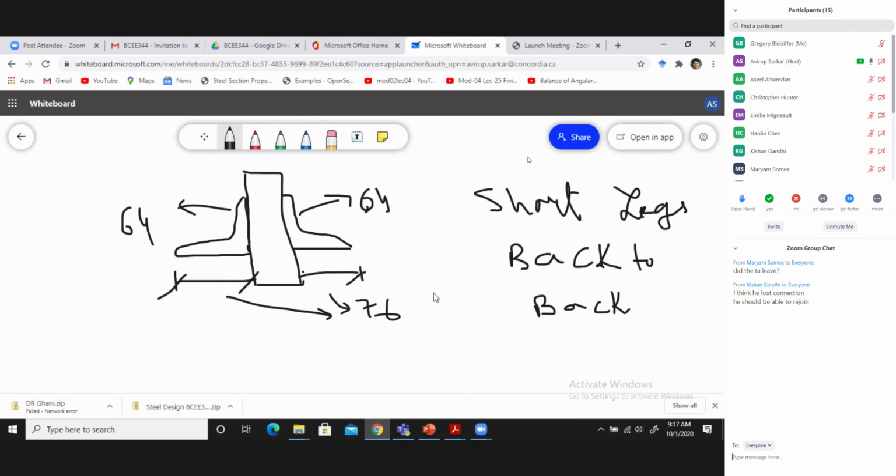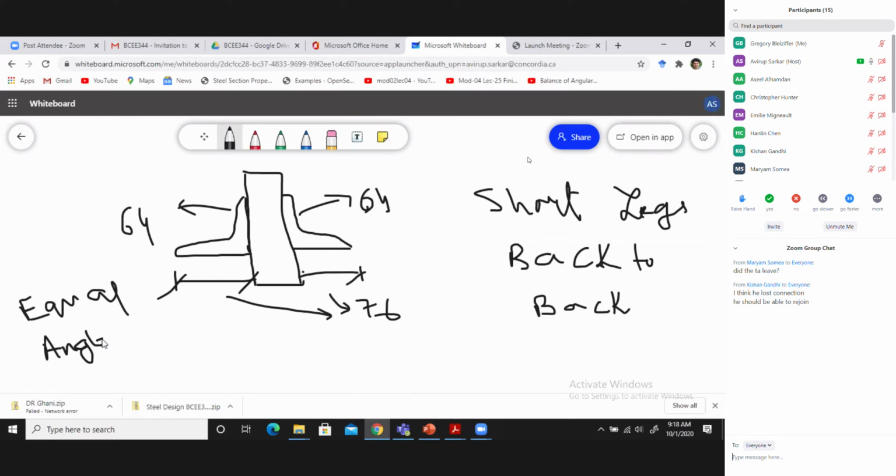And this type of difference only occurs when the two lengths of the sides are not equal. Okay, so if we have equal angles, then there is no question of long legs back to back or short legs back to back, because both the sides are equal in length.